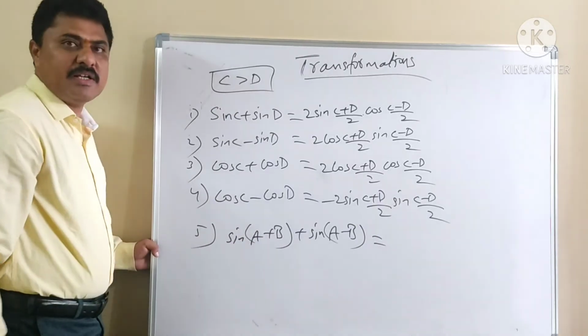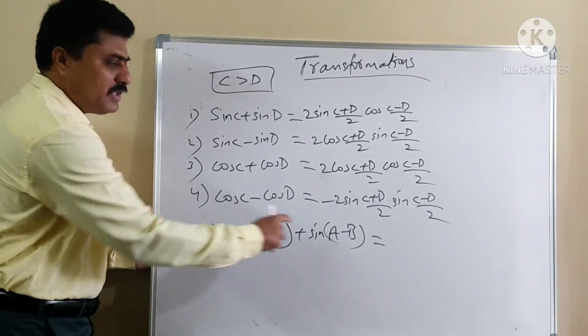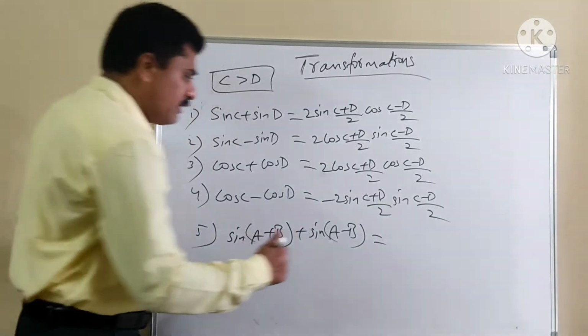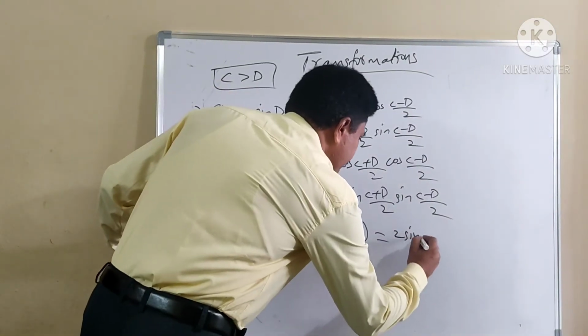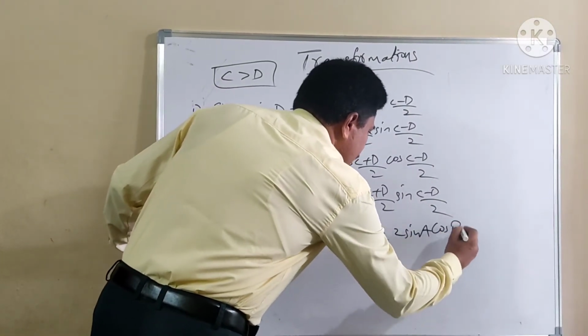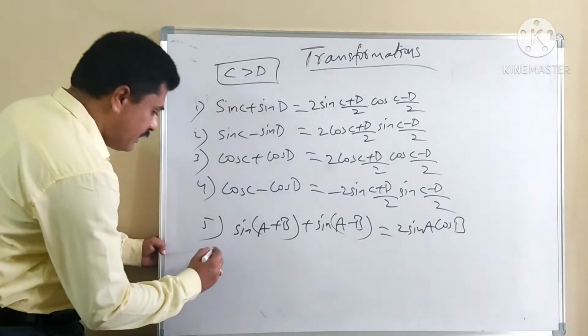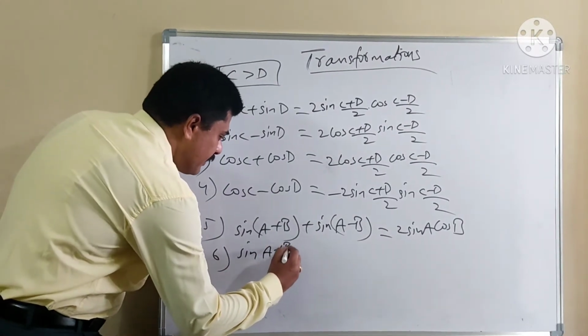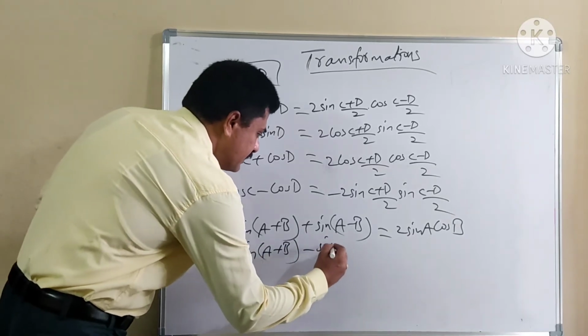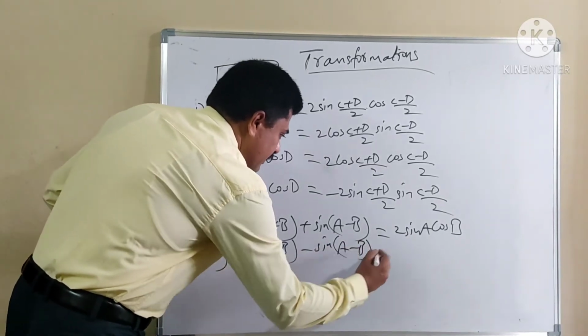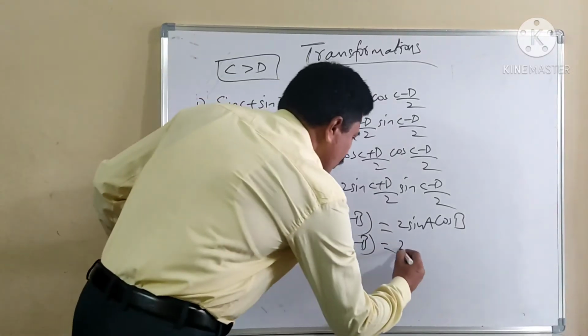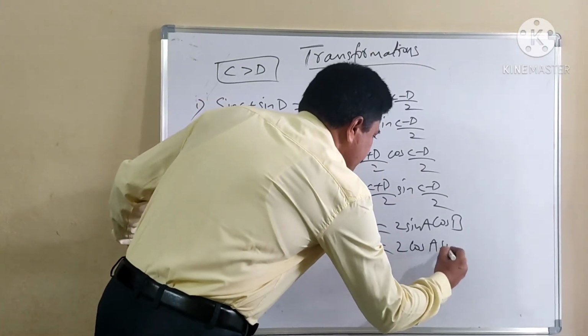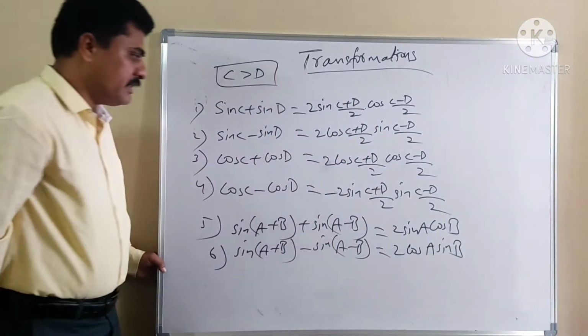Sin (A plus B) plus sin (A minus B) is 2 sin A cos B. In the same way, sin (A plus B) minus sin (A minus B) can be written as 2 cos A sin B.